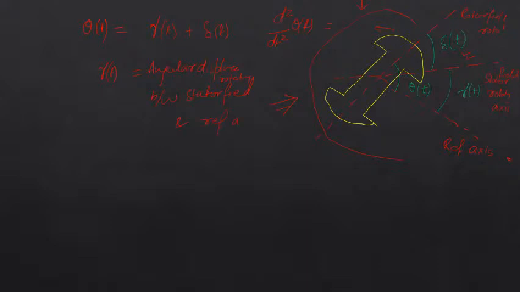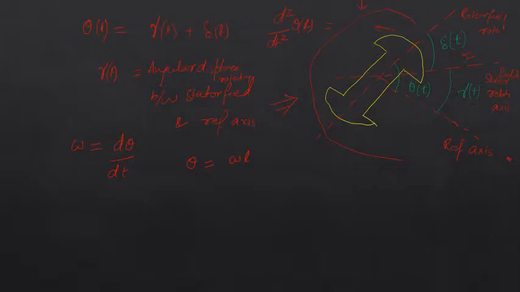I have told you that omega, the speed, is the differentiation of angular displacement with respect to time. So theta, the angular displacement, if you integrate, you can write as omega t.